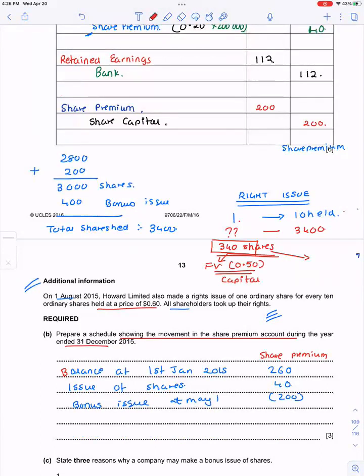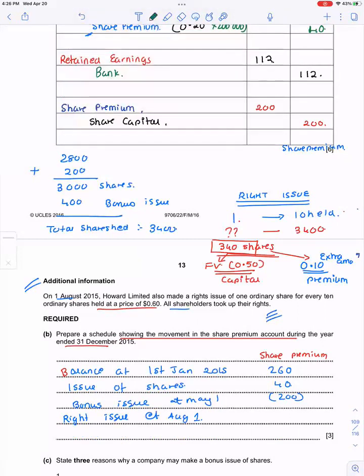Okay. So this multiplied by the face value would give you share capital, and this multiplied by the extra amount, 0.10, would give you premium on issue of shares. So you did a right issue at August 1 and you received premium.